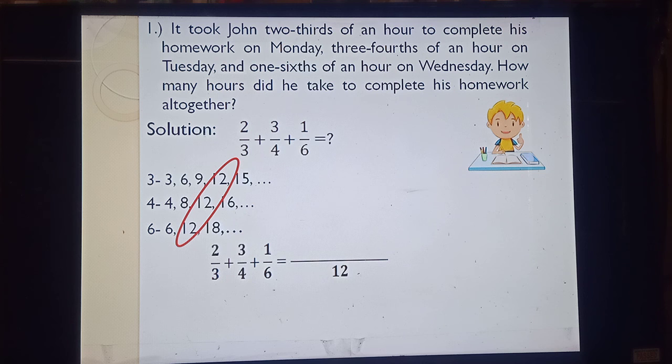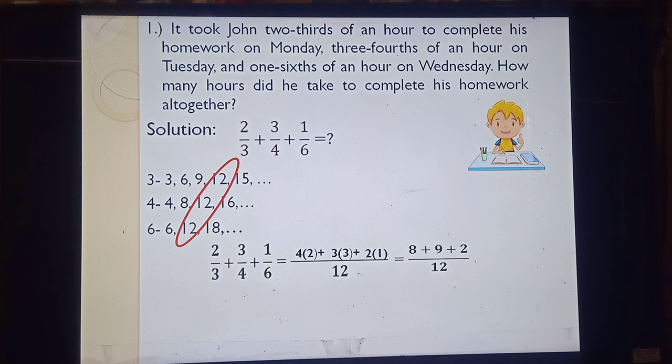So we have 2/3 plus 3/4 plus 1/6 is equal to, denominator is 12. So 12 divided by 3 times 2, so that's 4 times 2, plus 12 divided by 4, that's 3 times 3, plus 12 divided by 6, that's 2 times 1.